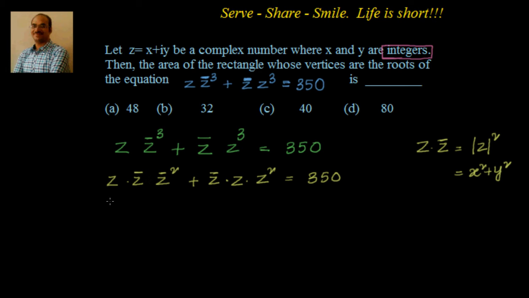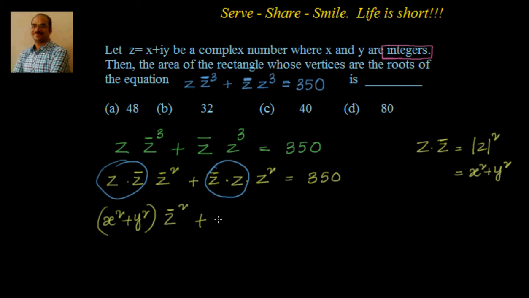So we know that this part and this part will become x² + y². So we can write (x² + y²) z'² + (x² + y²) z² = 350.